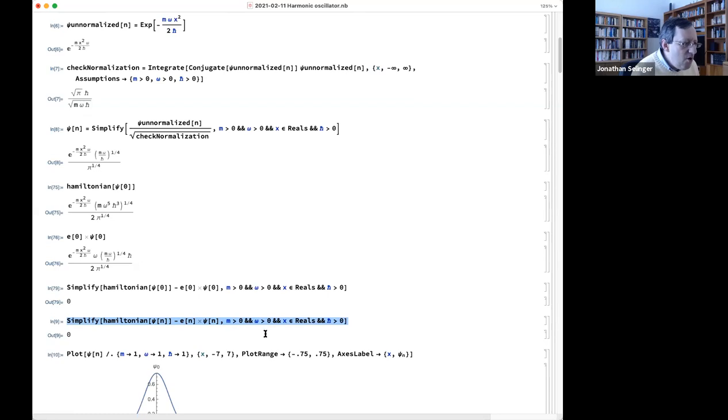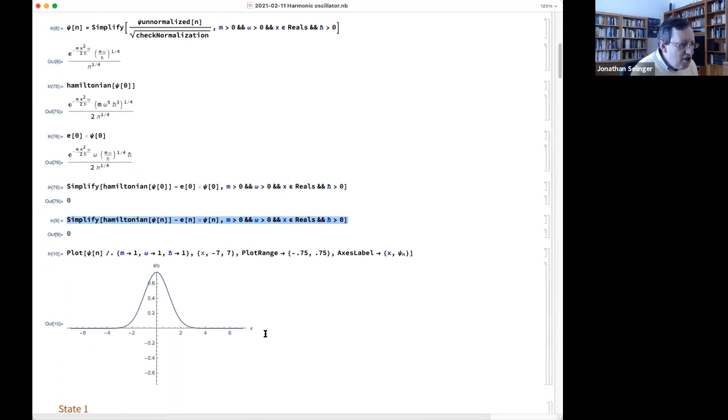Okay. So now, what does the function look like? Here's a plot of it, right? And to plot something, I have to put in numbers, so I'm putting in arbitrary numbers: the mass is 1 and omega is 1 and h bar is 1. That is true in some weird system of units, not SI units.